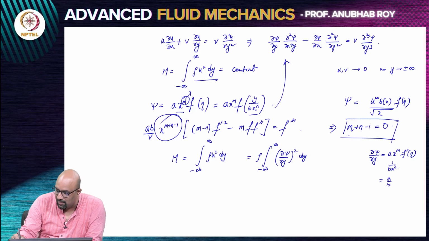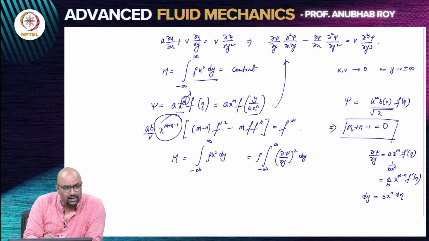So, this is a by b x to the power m minus n f dash of eta. That is dou psi dou y. What is dy in terms of eta? b x to the power n d eta.